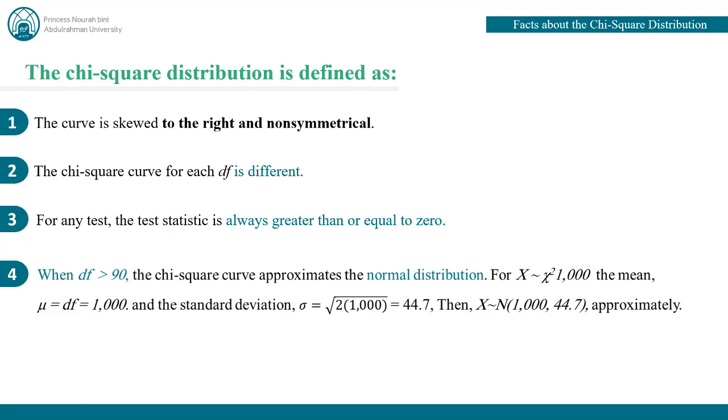The standard deviation, sigma, is equal to the square root of 2 times 1000, which is 44.7. Then the random variable x is approximately normally distributed with a mean of 1000 and a standard deviation of 44.7.